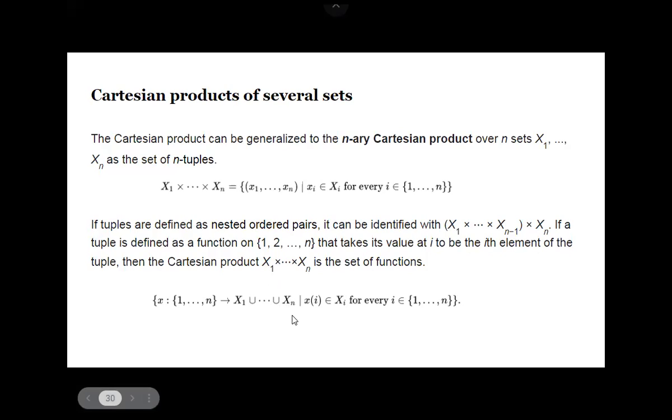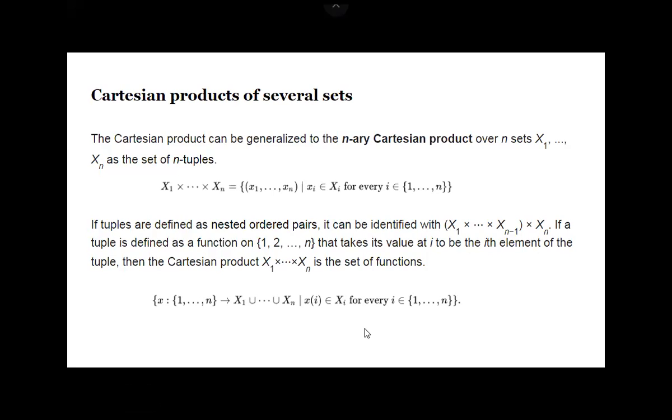Okay, Xn is the last set. Values of x run from 1 to n, where we know it as X1 union X2 dash dash dash union Xn. Then x i belongs to capital Xi for every i belongs to 1 to n.